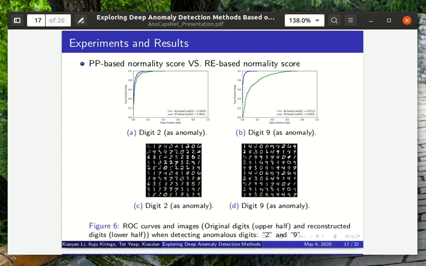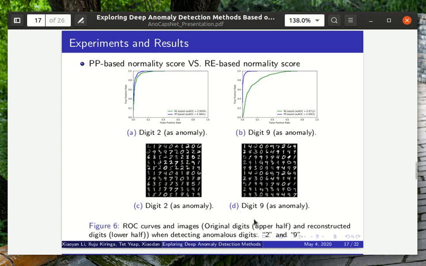When digit 2 is considered as the anomalous class, it is reconstructed as different numbers such as 1, 3, 6, 7. It is easily detected by both methods.